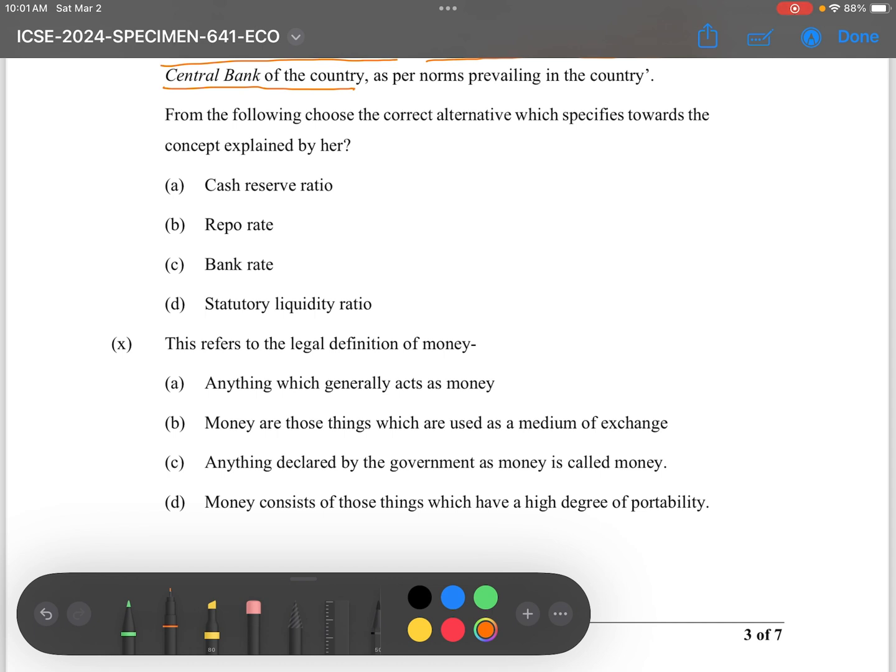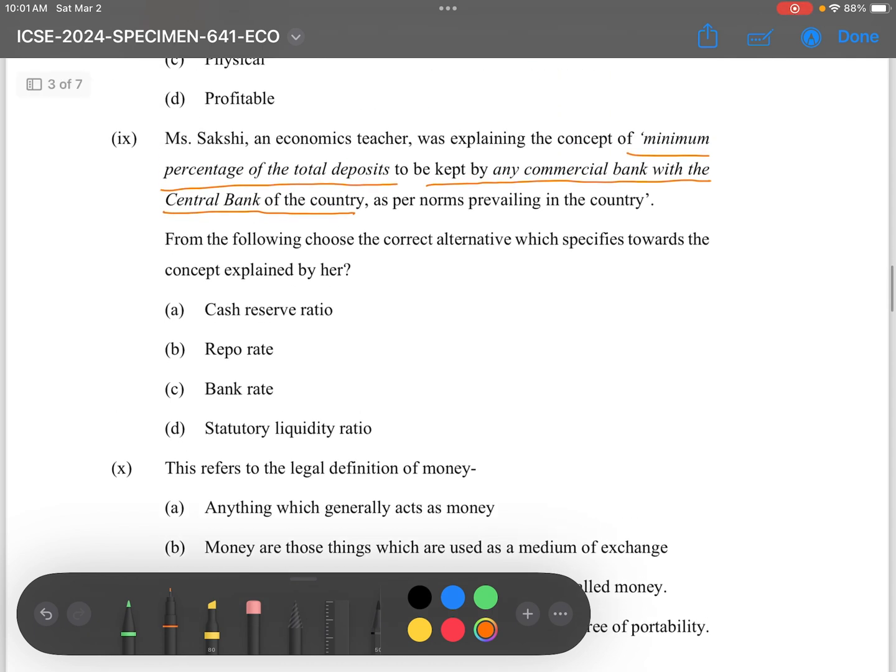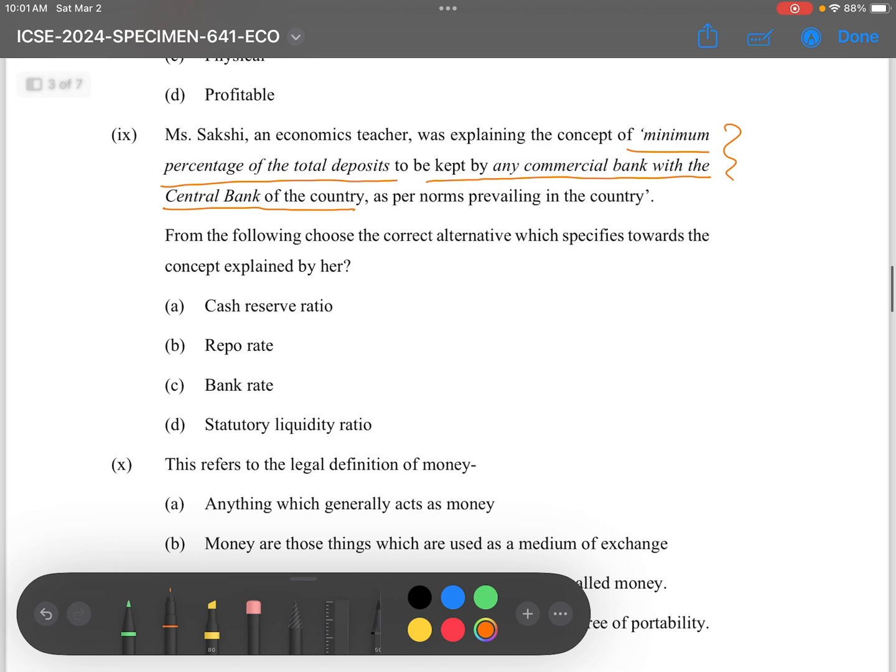You will come across cash reserve ratio. Now we are talking about cash reserve ratio here. This is the minimum percentage of the total deposits which every commercial bank needs to keep with the central bank of the country. Repo rate, bank rate, statutory liquidity ratio are other types of ratios. Statutory liquidity ratio is which the bank has to keep with themselves.